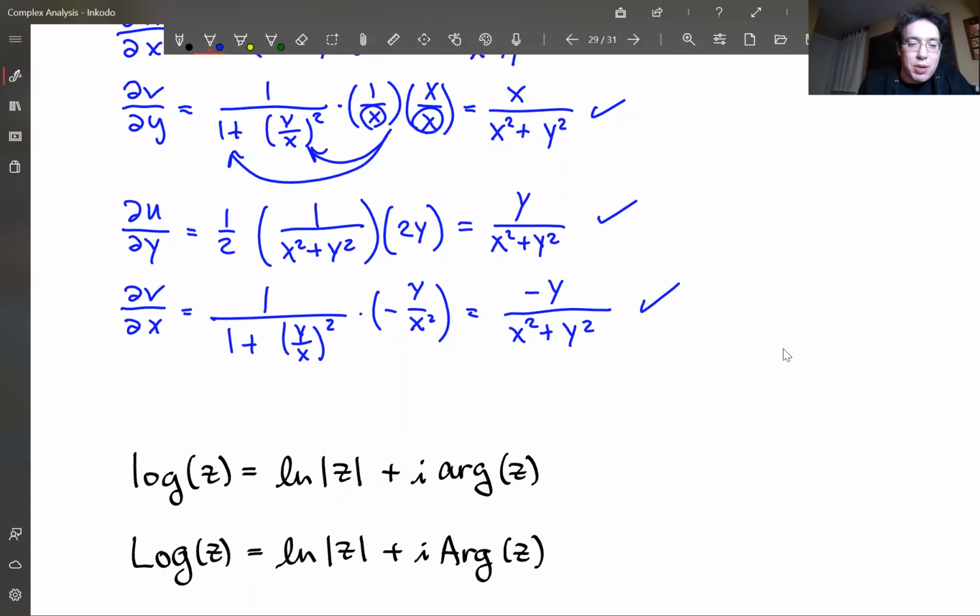As far as the notation goes, I'm going to use log as a shorthand, the name of the complex logarithm function. I know in some 100 level math courses, when you encounter something written log, it's usually taken to mean base 10.